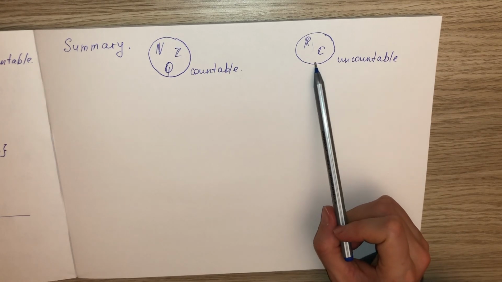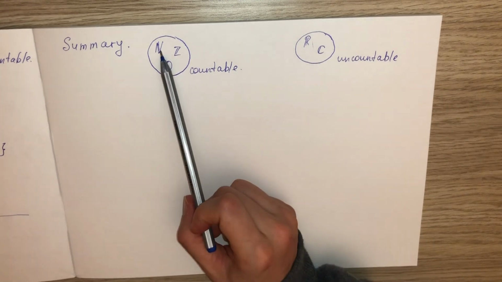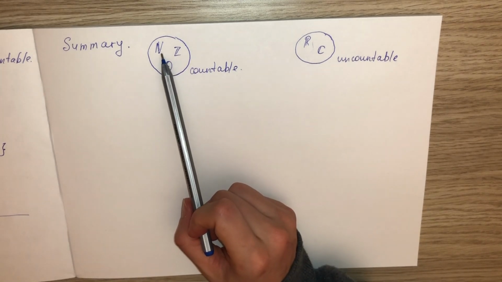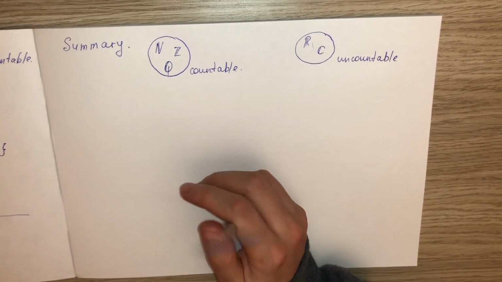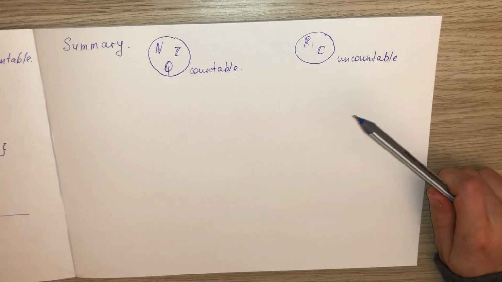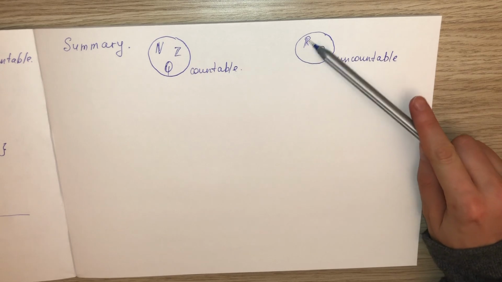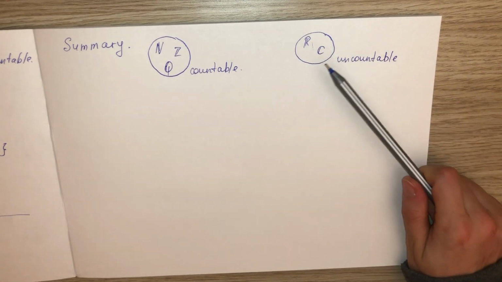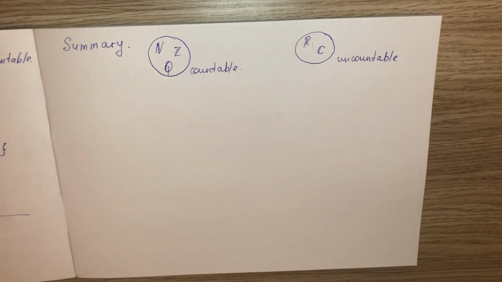The elements of real numbers cannot be placed in one-to-one correspondence with the natural numbers because some digits will be repeated and some digits will be missed out, and so the set of real numbers and complex numbers are not countable.